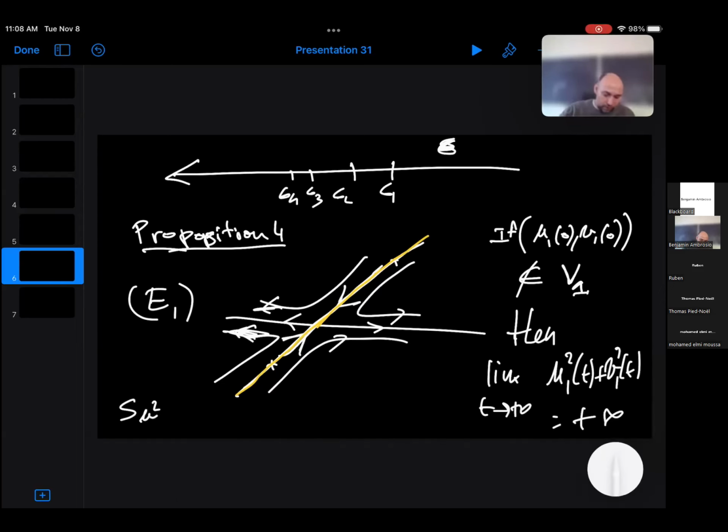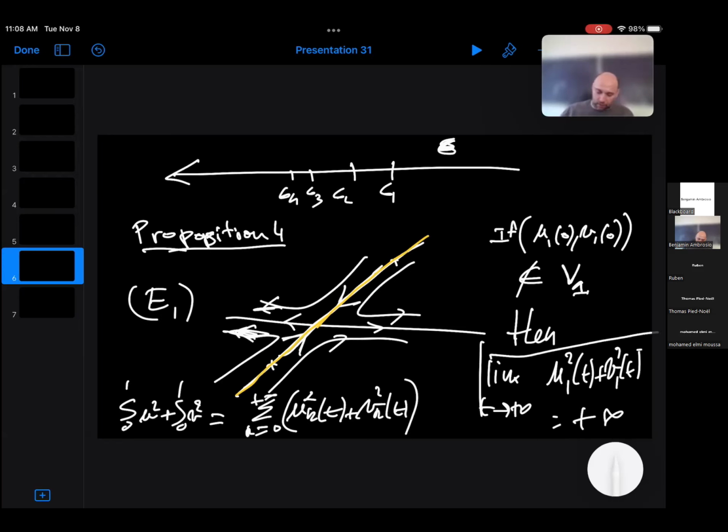You know that UK square plus V square is equal to, but since we have that, we know that is going to plus infinity as T is going to plus infinity. You agree with that? Well, you should agree.